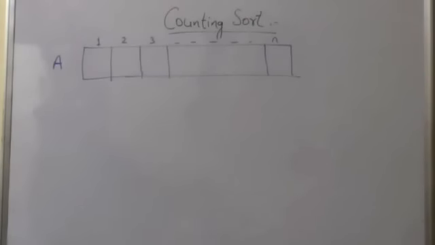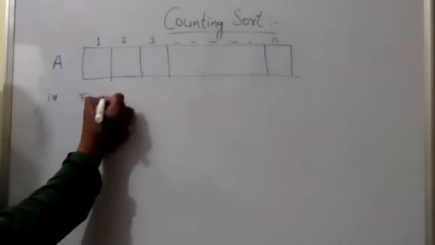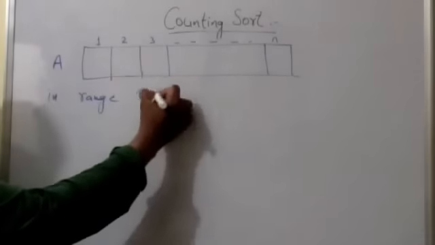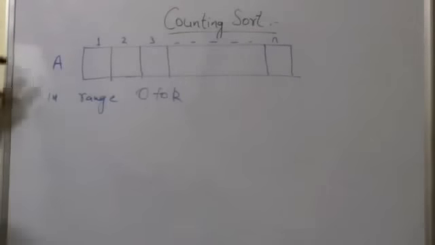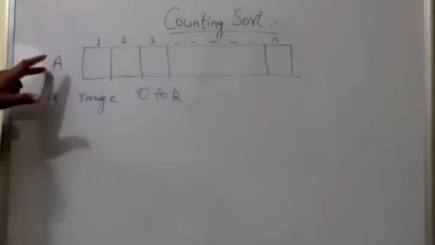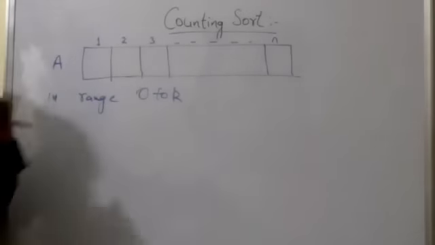Counting sort assumes that each of the n input elements is an integer in the range 0 to k. Now suppose this array A has n elements and each of the n elements is an integer in the range 0 to k.